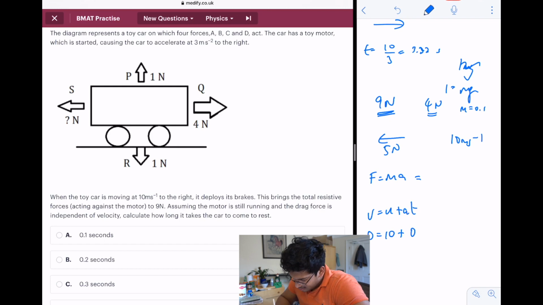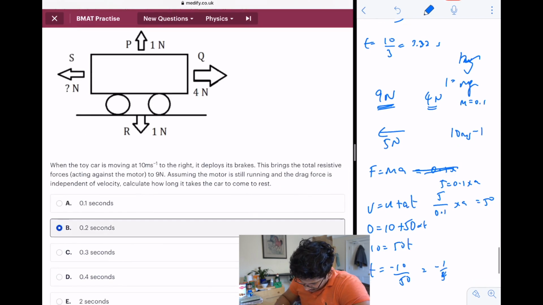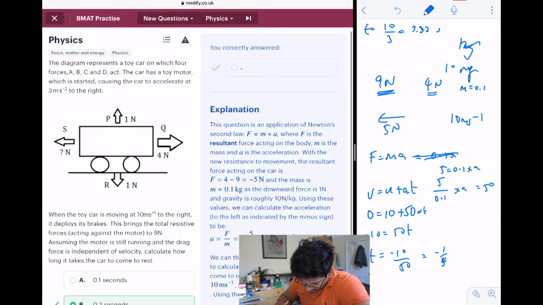So I'm going to take the mass as 0.1. 5 is equal to 0.1 times a, so a is equal to 5 over 0.1, which is 50. So it's 50 times t minus 10 equal to 50t, t is equal to 10 over 50, which is equal to 0.2 seconds, because it's decelerating. Hopefully that's right.